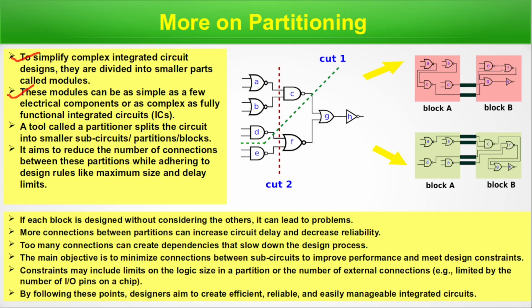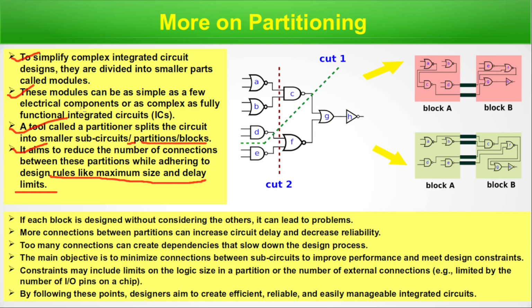A tool called a partitioner splits the circuit into smaller sub-circuits, partitions or blocks. It aims to reduce the number of connections between these partitions while adhering to design rules like maximum size and delay limits. So partitioning might help us. Also, we have to consider some other constraints like design rules, allowable maximum size and delay limits.